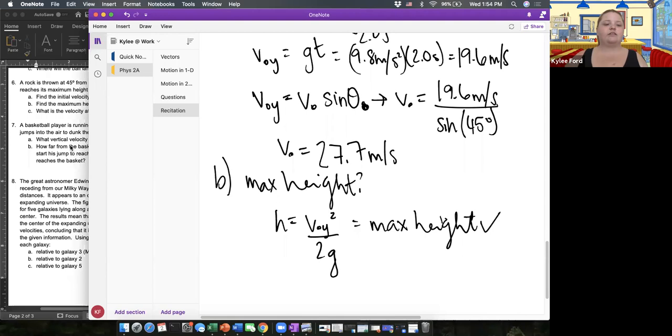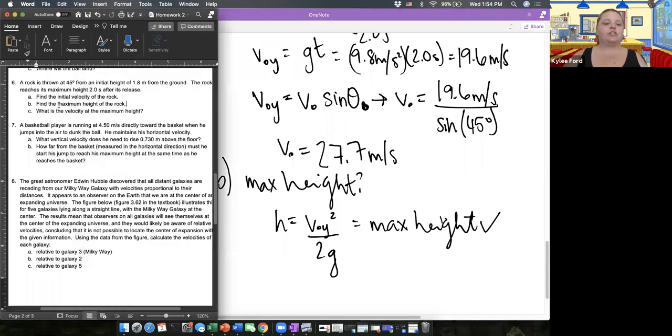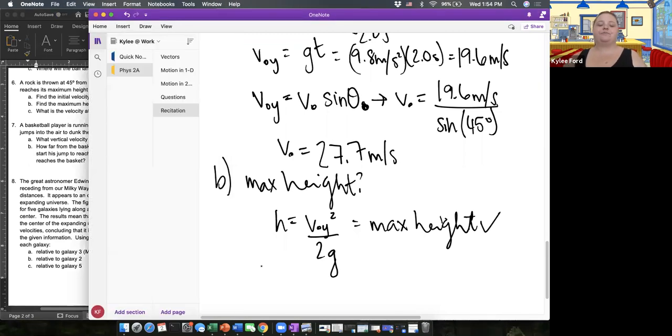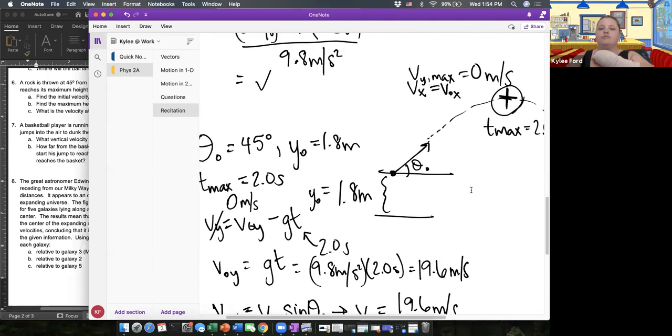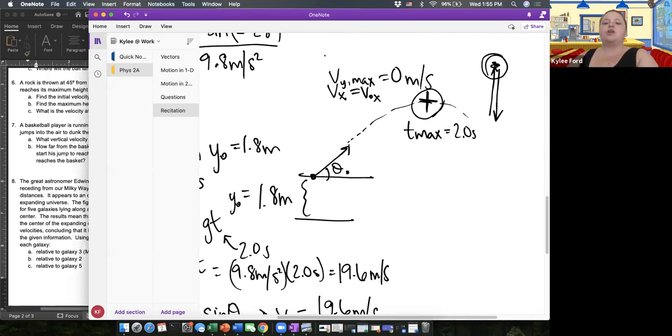Okay. Now my final question, what is the velocity at the maximum height? Okay, so let's see. When we were analyzing our little sketch here, we know that our velocity in the y direction at maximum is 0 meters per second.